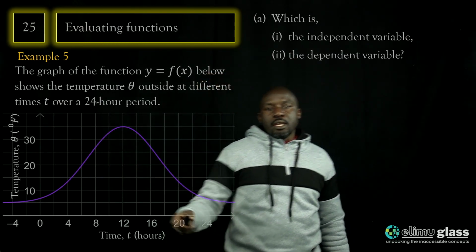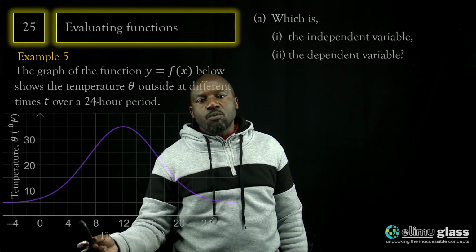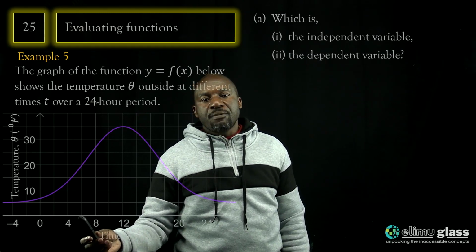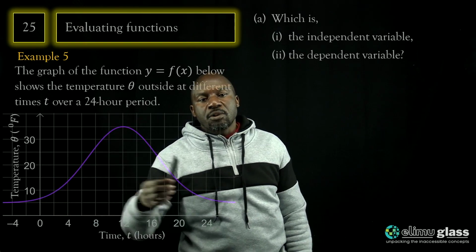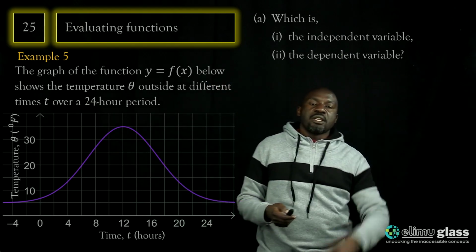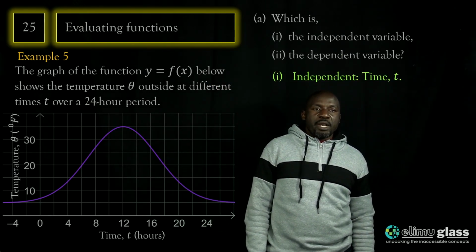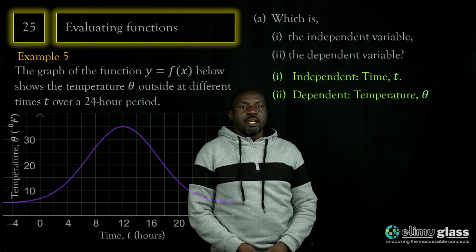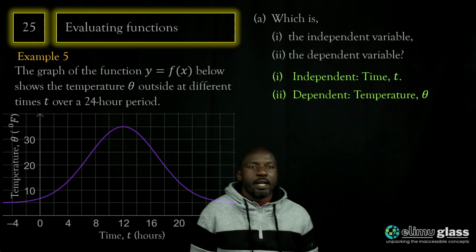When the input is 5 hours, in other words, we want to know what the temperature is going to be at 5 in the morning, well, we go up and the temperature is going to be 20 and so on, right? So we put in the time and it tells us what the temperature is going to be. That's the relation. So the independent variable is the time and the dependent variable there, as you can see, is the temperature. Okay? What else is there?